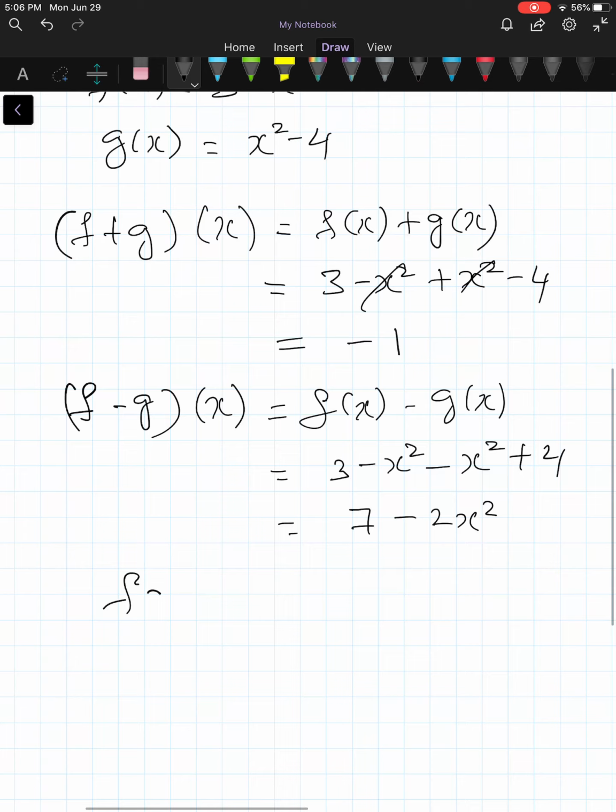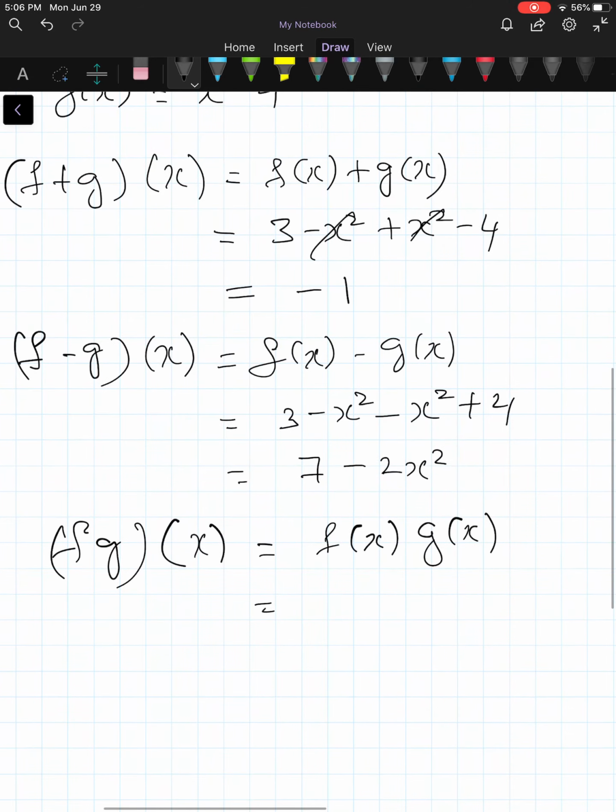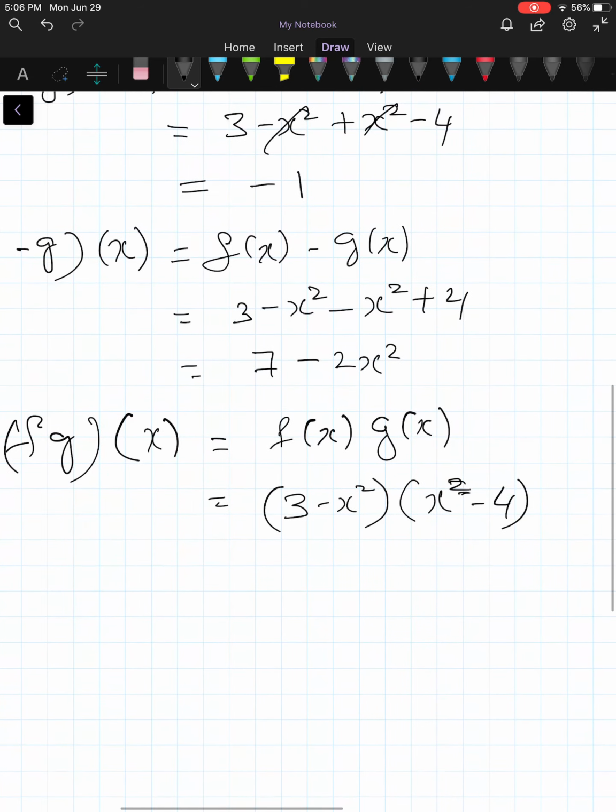Then when you do the product of two functions, it is f of x times g of x. So this is equal to 3 minus x square times x square minus 4. You have to apply the FOIL method here. The first terms give 3x square.